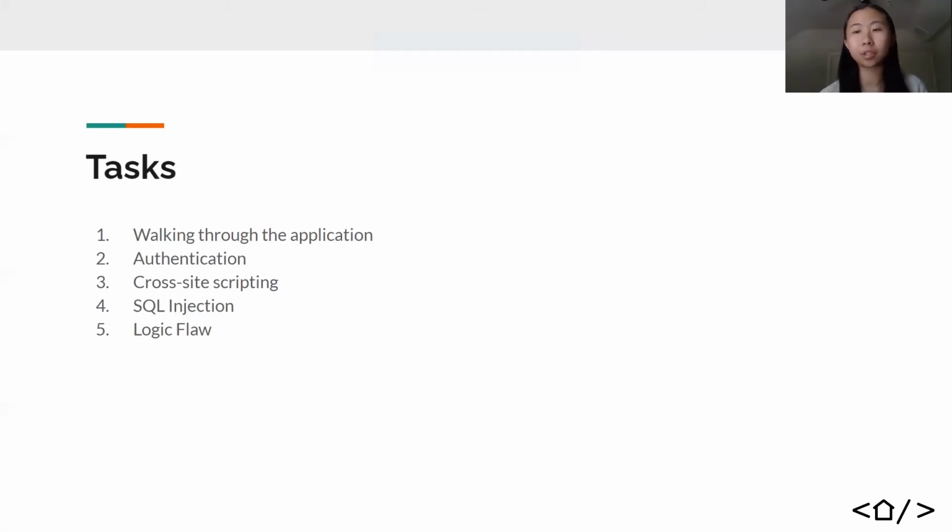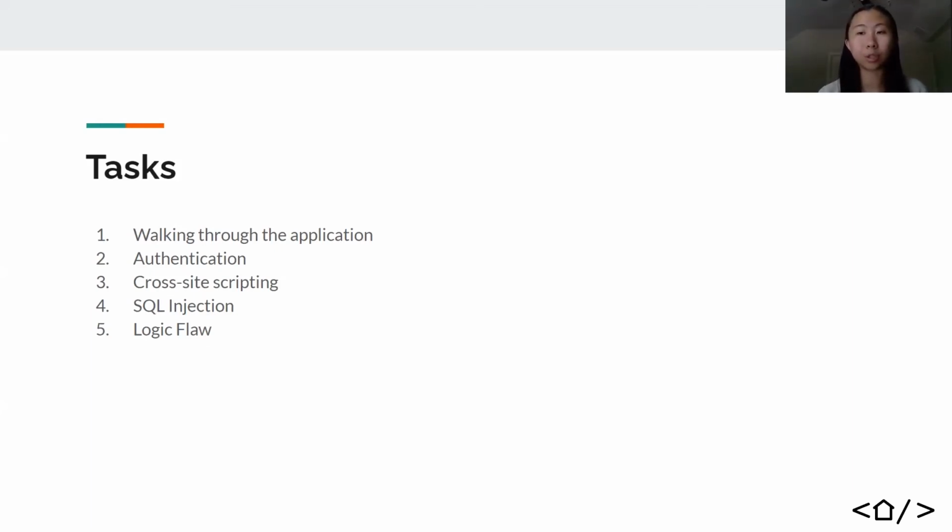The next thing we're going to do is authentication. So we're actually going to be guessing usernames and passwords to gain access to accounts that we shouldn't have access to. The next thing we're going to do after that is cross-site scripting. So we're actually going to be injecting JavaScript into different parts of the website to see which parts have the vulnerability.